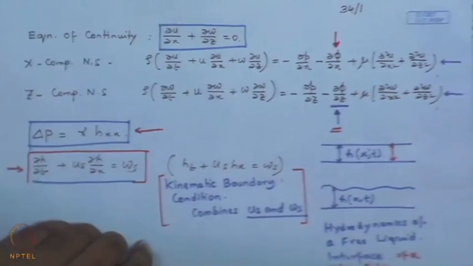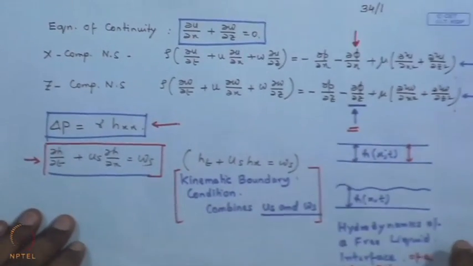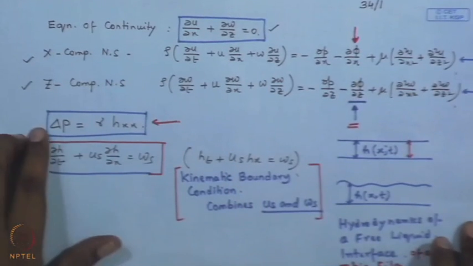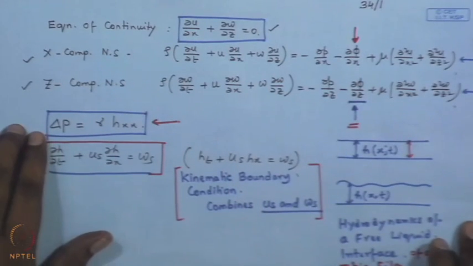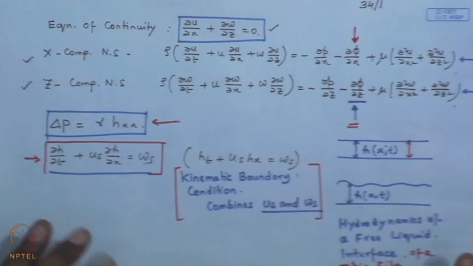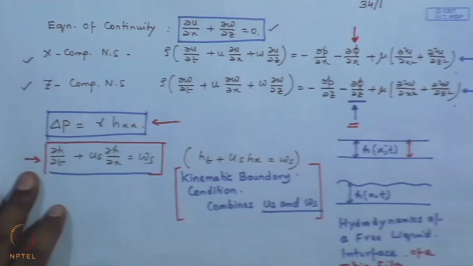So, these are the set of equations that we have looked into: continuity, the x and z component Navier-Stokes equation along with the Young-Laplace equation for an axisymmetric surface, simplified for the long wave approximation, and this is the kinematic boundary condition.